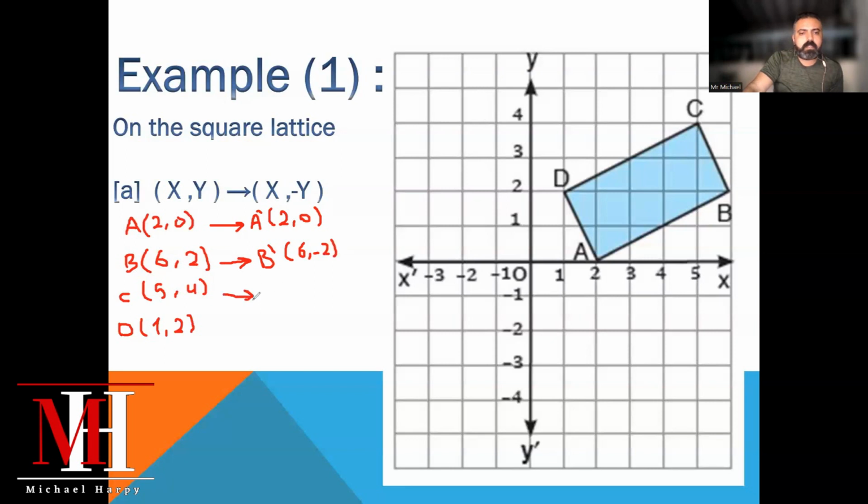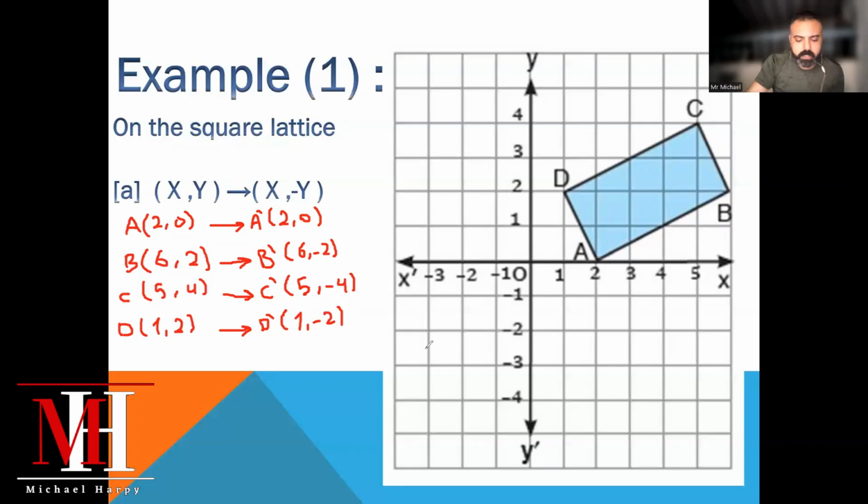Point C should be transformed to point C dash and will be 5, -4. Point D should be transformed to point D dash, which will be 1 and -2.